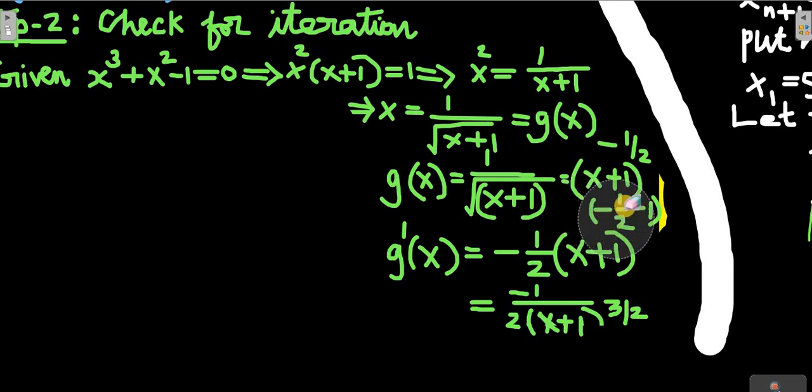So n is minus 1 by 2, minus 1 is this. You simplify this, you will get minus 1 by 2. This you bring down, you will get x plus 1 to the power 3 by 2. Is it clear?